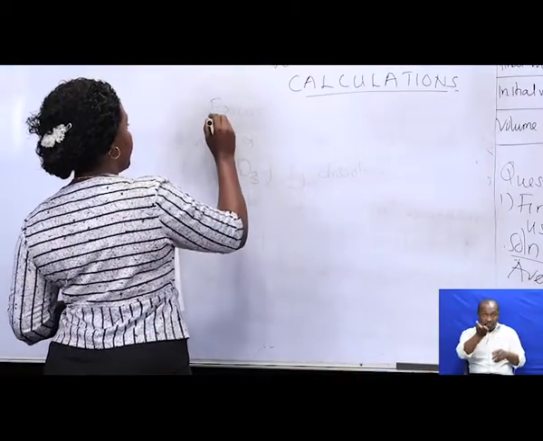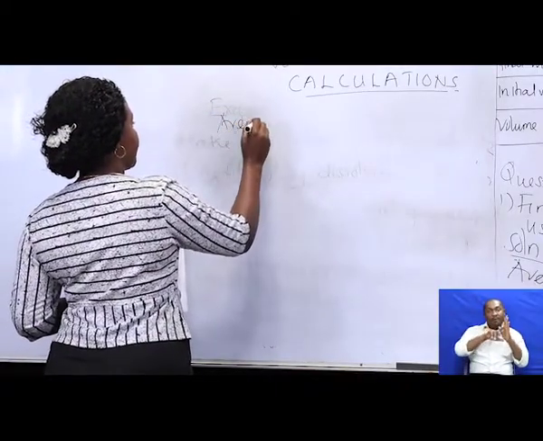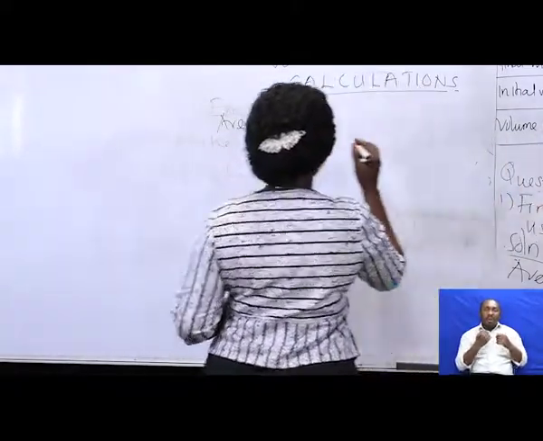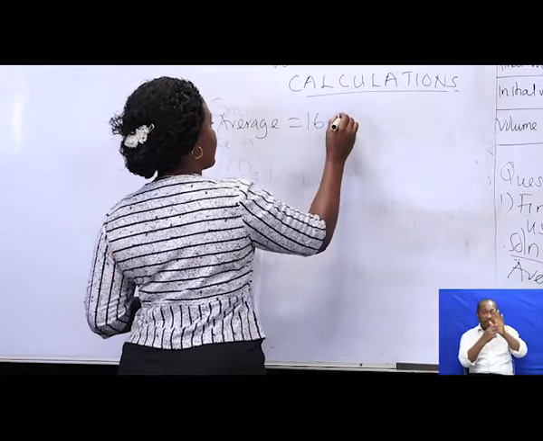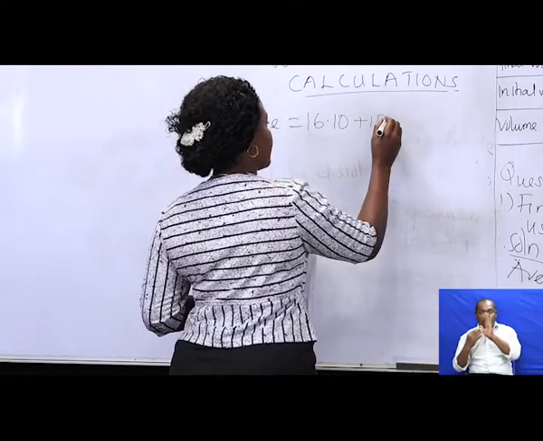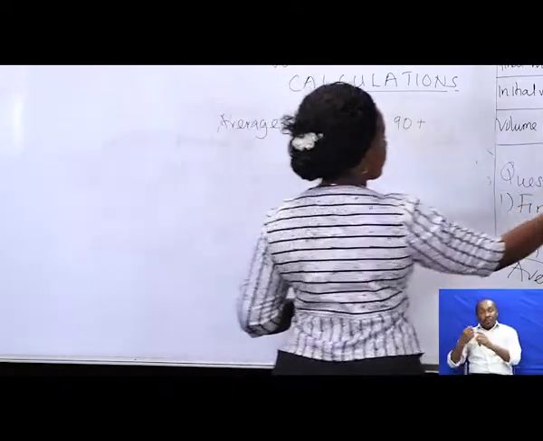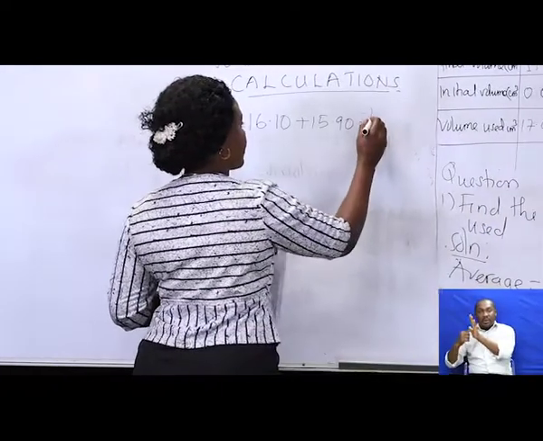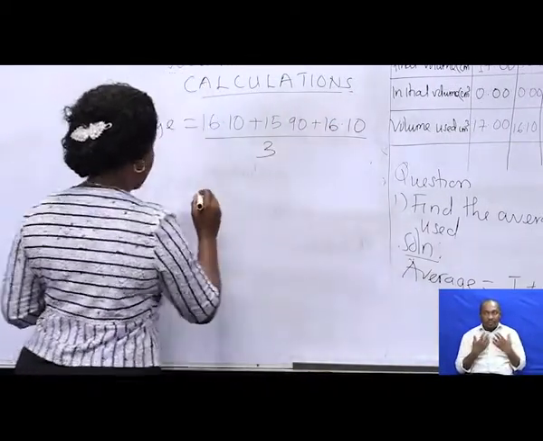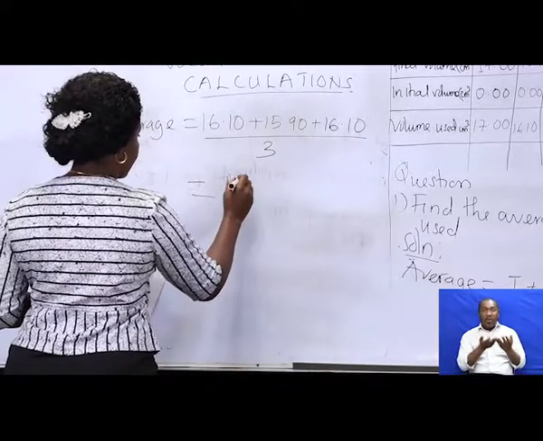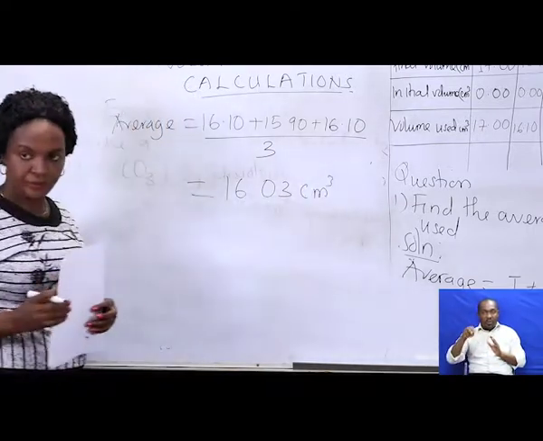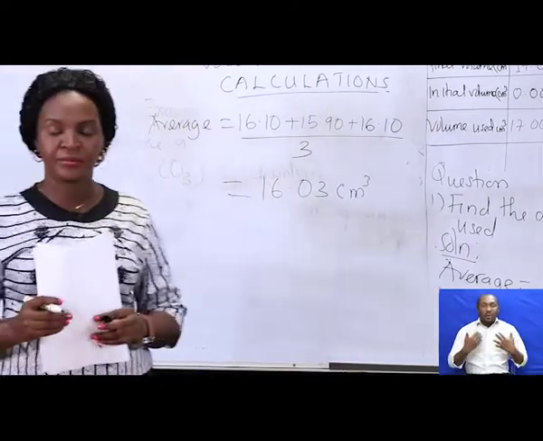Therefore, the average volume used is equal to, for experiment 1, 16.10, plus for experiment 2, 15.9, plus for experiment 3, 16.1. So you must divide by 3, and the answer will be 16.03 cubic centimeters.